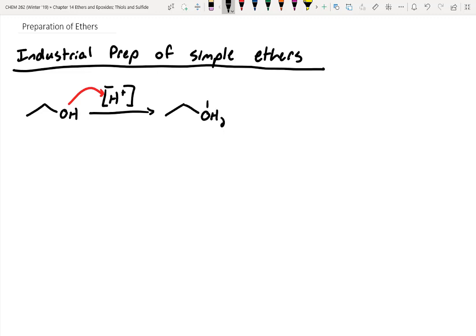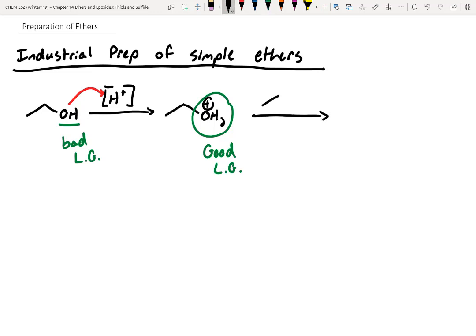All right, the good thing is by protonating it, just like we saw before, that this is a bad leaving group. All of a sudden, we've made this into a good leaving group. So this can actually do SN2 chemistry. So let's say we've got another equivalent of our ethanol floating around. This ethanol, as a nucleophile, can actually hit the backside of that, kick off our good leaving group.